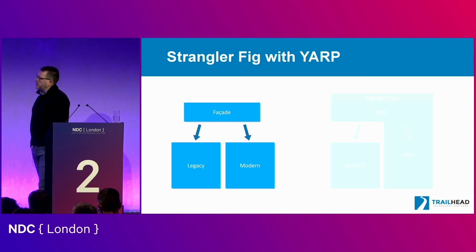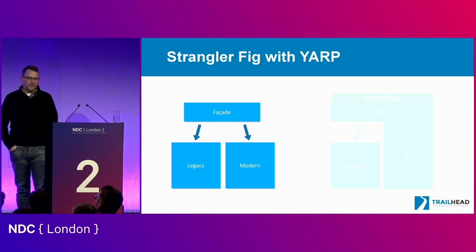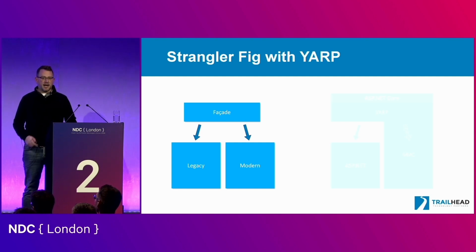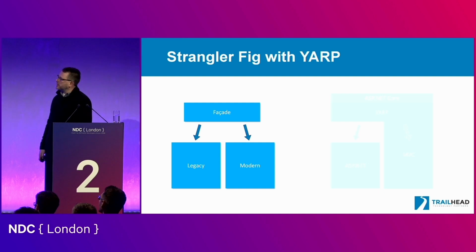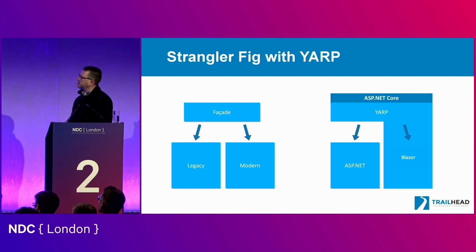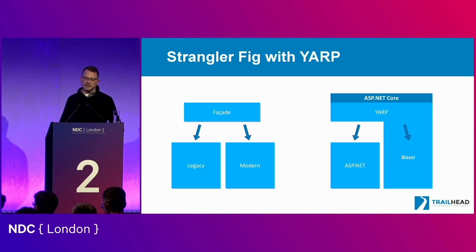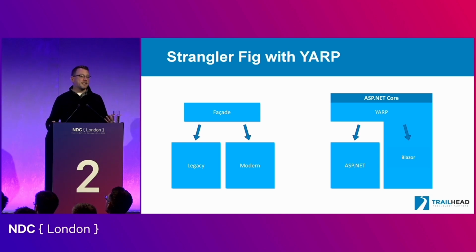So what does that look like? Well, if you look at my example from before, where we've got the facade layer with the modern and legacy apps behind them, this is what it looks like in concept. This is what it looks like in reality for someone using YARP. So YARP, I told you, actually is hosted inside the modern application.